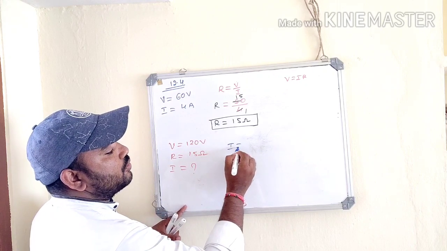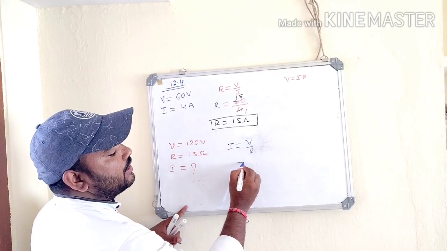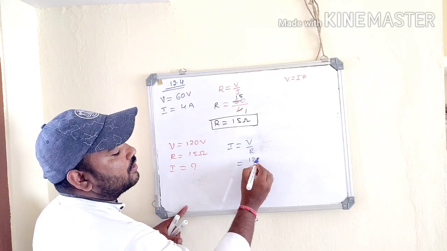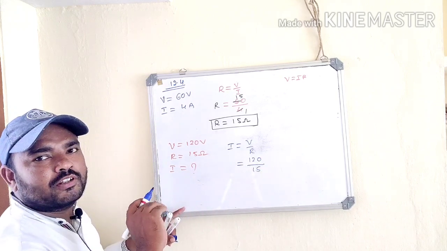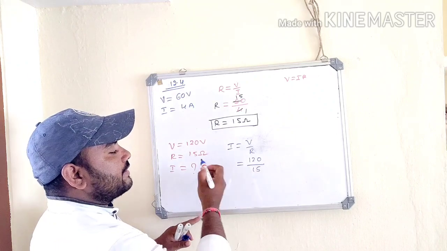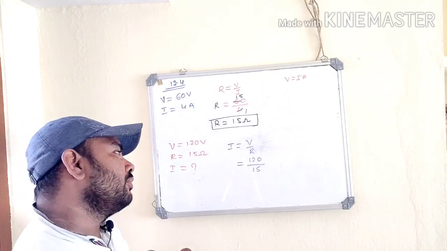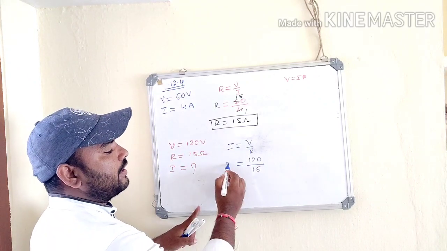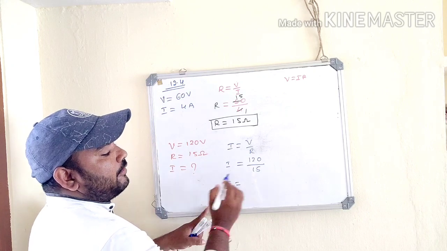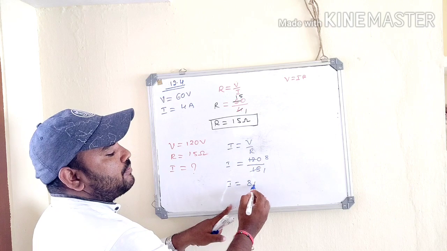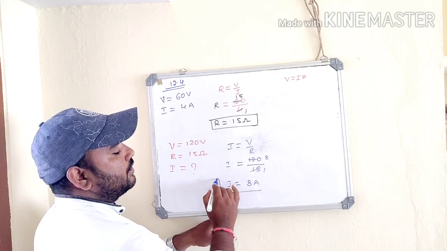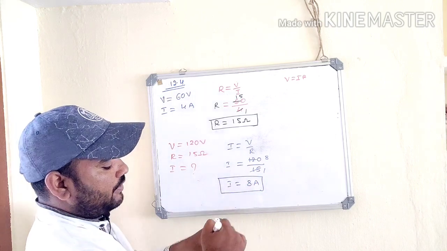I is equal to V upon R. V is 120 volt and R is 15 ohm. Sorry, majority of the time I said the resistance unit as amps, but it's ohm, children. Then 15 ones are 15, 15 eights are 120. So 8 amps of current will be flowing when the voltage has been increased to 120 volt.